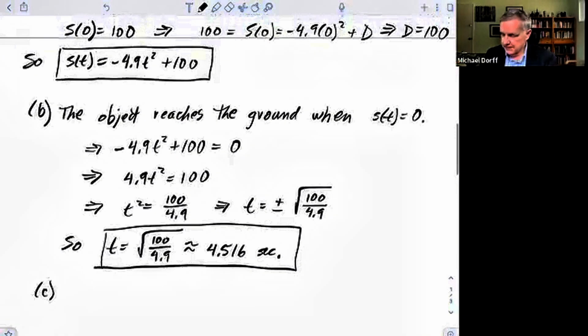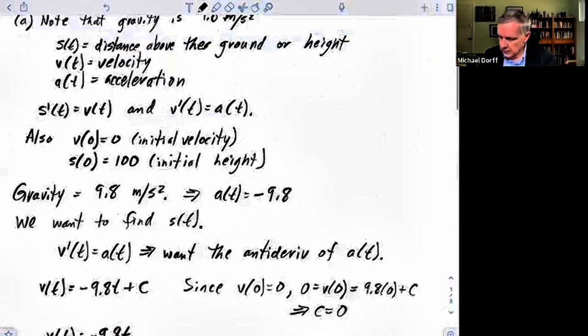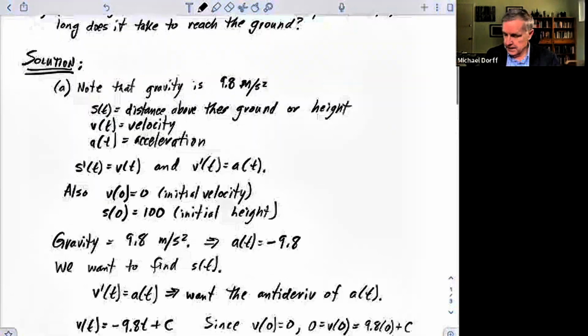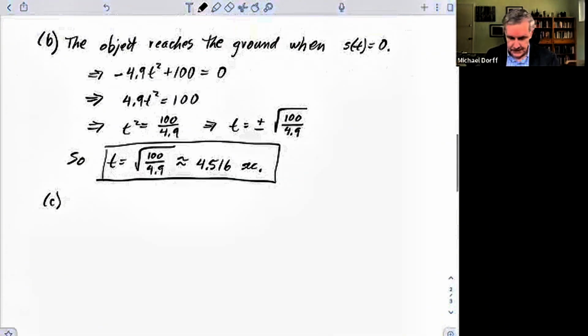So let's go on to part C. Go back up here again. What does part C say? Part C says, with what velocity does the object hit the ground? All right, so what does this mean?